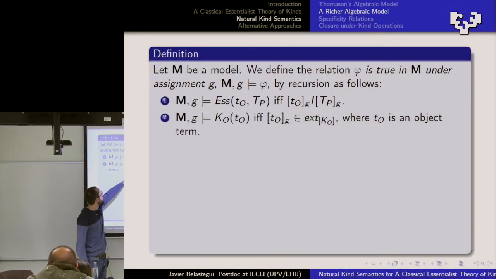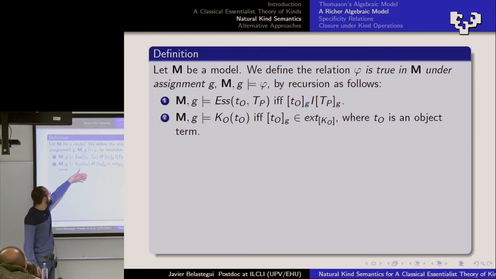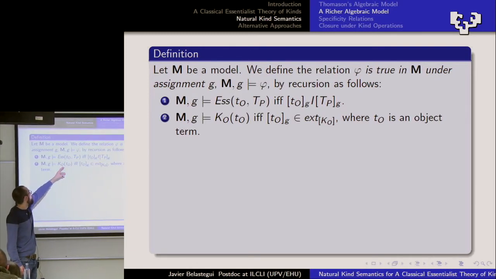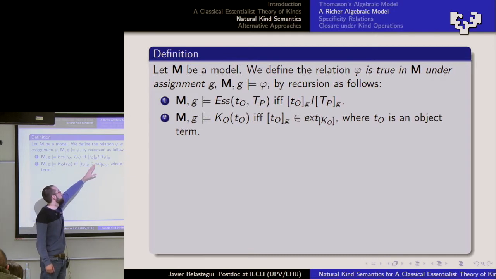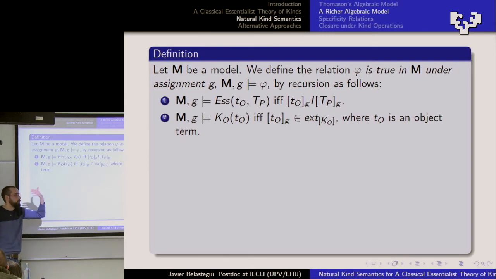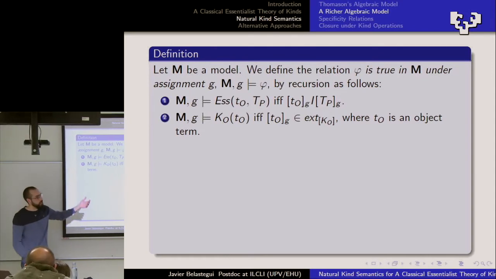Right? So it is true that Kt, so little t, satisfies predicate K if and only if the object denoted by little t belongs to the extension of the kind denoted by K. It is true that an object belongs to a kind if and only if the object belongs to the kind, basically.